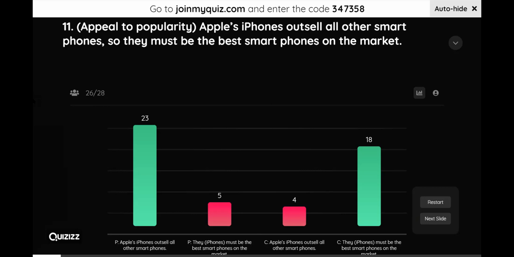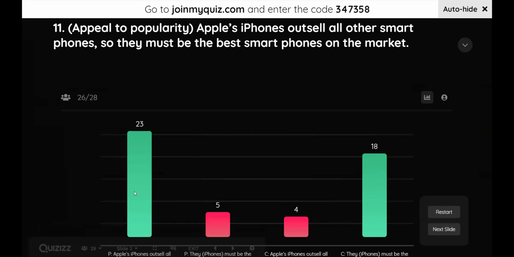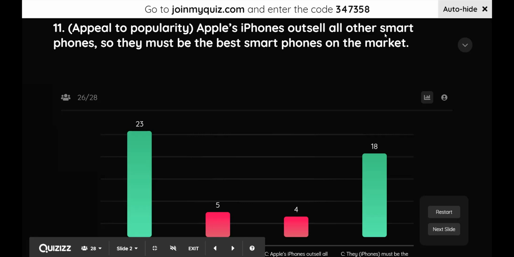Are there any questions? Okay. The premise is the thing that you're basing the conclusion on. It's your reasoning. So if we say the conclusion is that they outsell more, why would they outsell more? We're not saying that they outsell more because they are the best. We're saying they are the best because they outsell more.